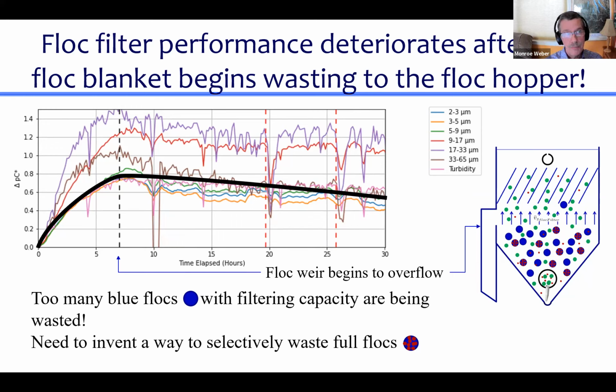And now, because of looking at this graph and a few other things, we had this notion: oh, it's because the flocs are hanging out there and particles are actually going right into the floc and being captured by the particles that are already being held within the floc. So it's truly the floc acting as a filter.